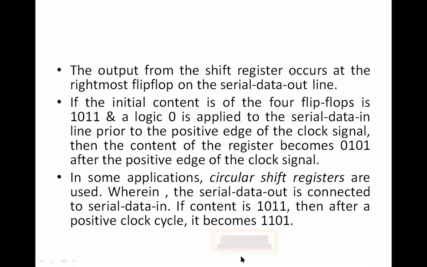See, the initial data is going to be, let me write it here, 1, 0, 1, 1. So let us assume that this was our data initially. As soon as the positive edge of the clock comes in, this will actually get out, which means this is lost.